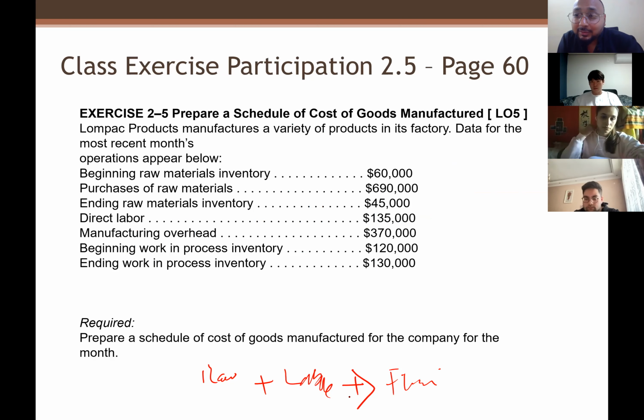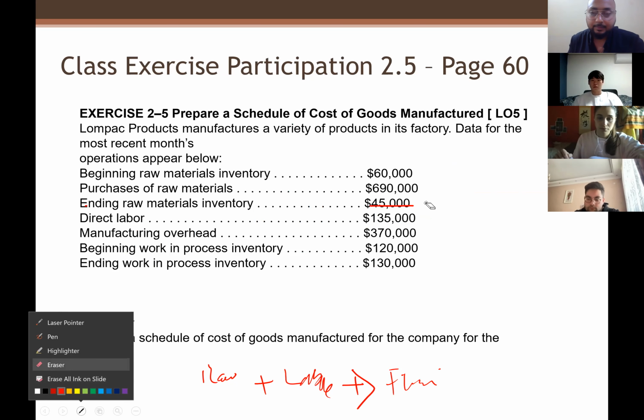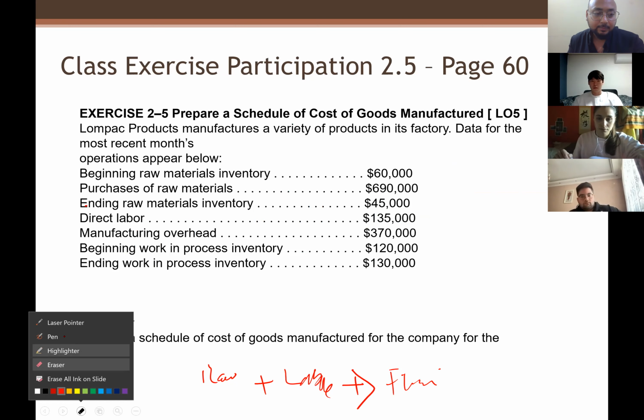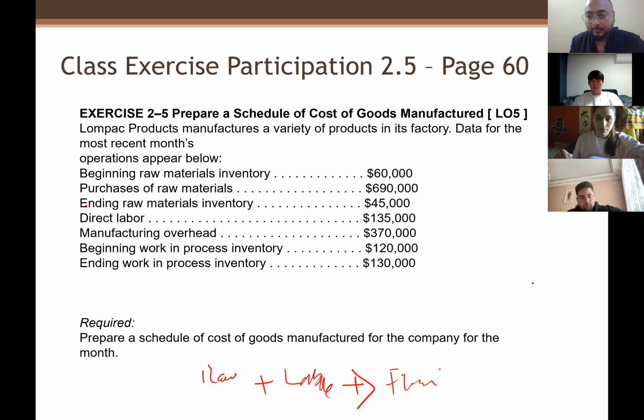But we know that manufacturing cost is equal to direct labor, direct material and manufacturing overhead, right? So we are given direct labor, 135,000. We have direct labor, we have direct material.